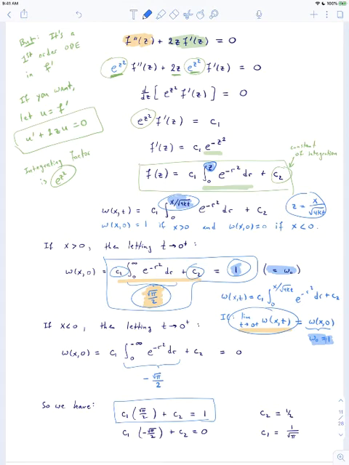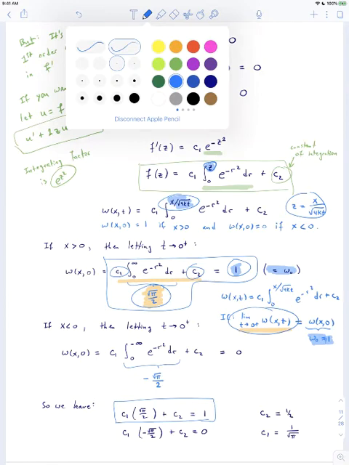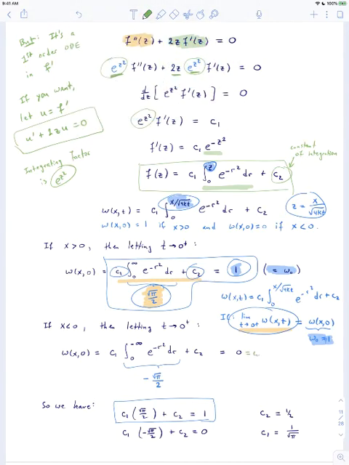We can do the same thing now for negative x. If x is negative, then again it's going to be equal to w0, but now w0 is 0. So it's the same expression. We're looking at the limit as t goes to 0 plus of w at x comma t. This is going to be equal to w at x comma 0, but now x is negative, so this expression is 0.